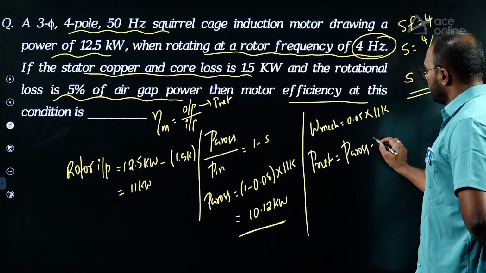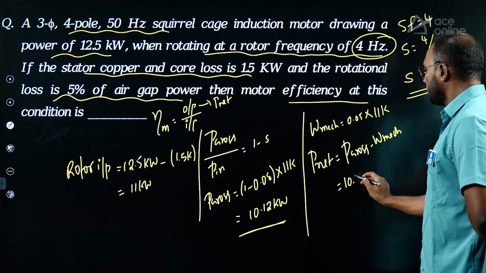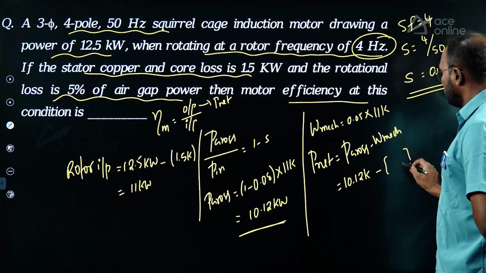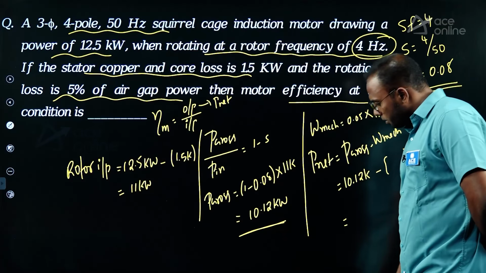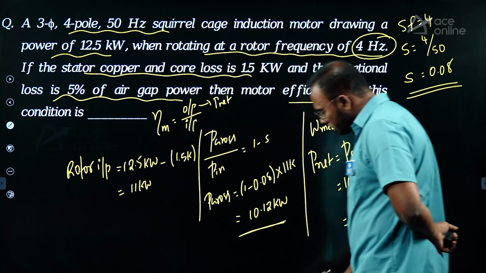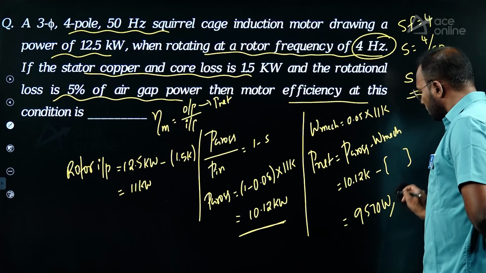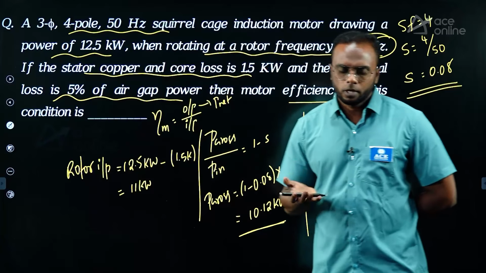Gross power minus mechanical loss. What is the gross? 10.12 K minus this mechanical loss, whatever the value you will get, substitute here. Then it is coming net mechanical power, cross check it is 9570. Cross check every value from your end also. 9570. Okay, this is net power.